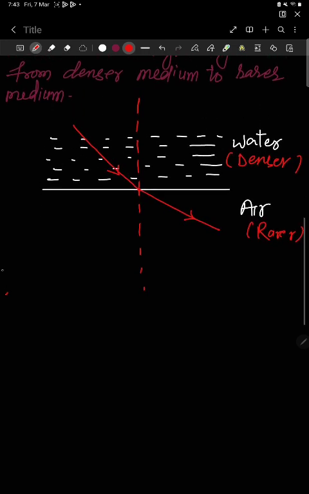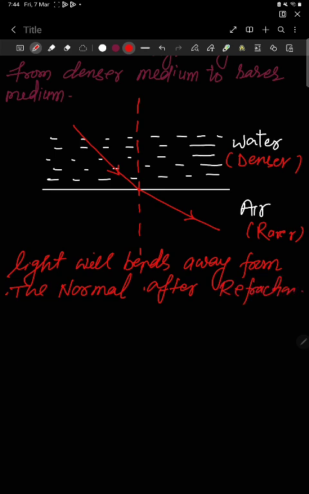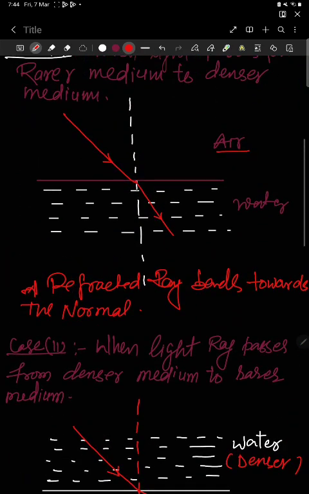So what will happen? Light will bend away from the normal after refraction. So two cases we have discussed, that when light ray is coming from rarer medium to denser medium, after refraction the refracted light will bend towards the normal.